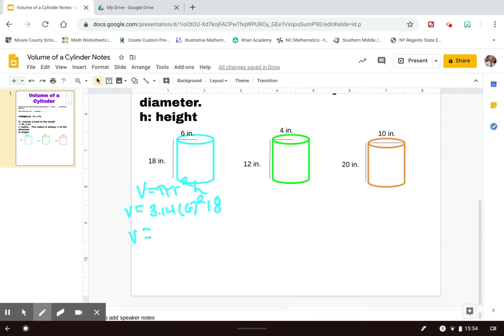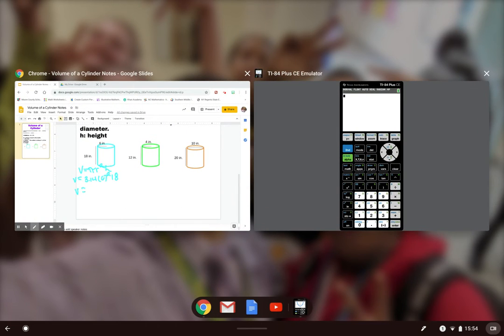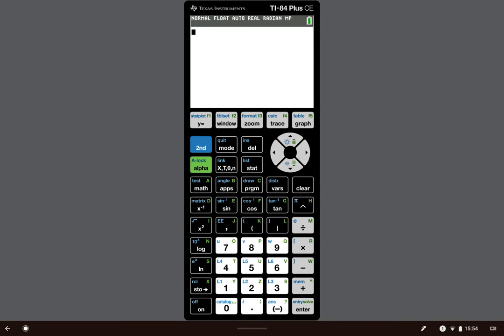I'll show you the easiest way to do this on your TI-84 calculator. You type 3.14, then hit the times key, 6, go up to the x squared button, and then times 18, and you get the answer 2034.72.